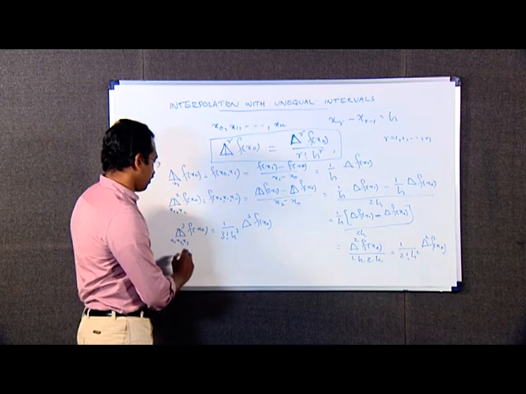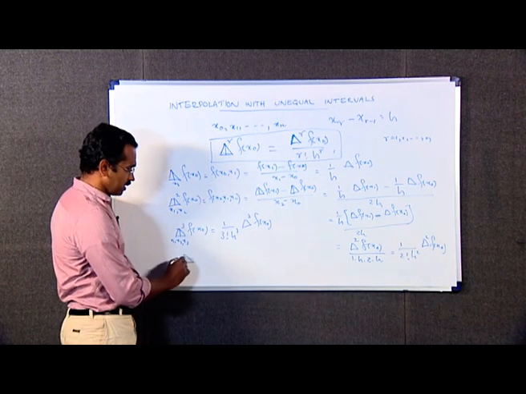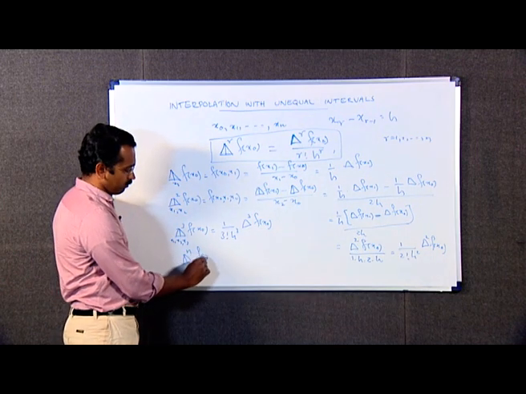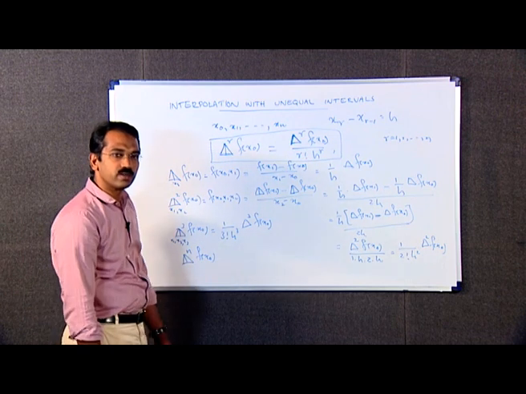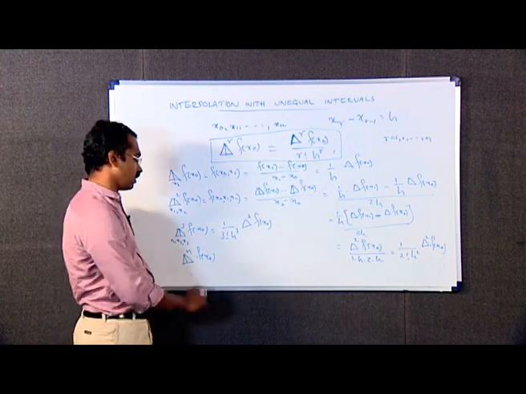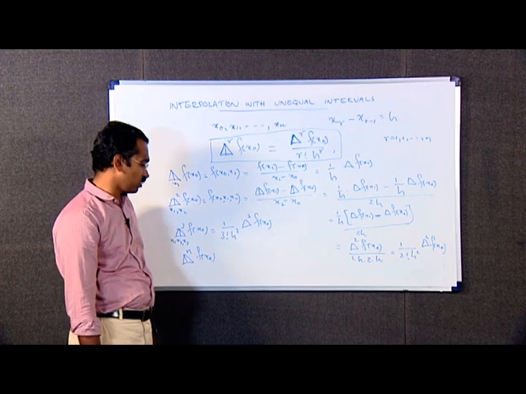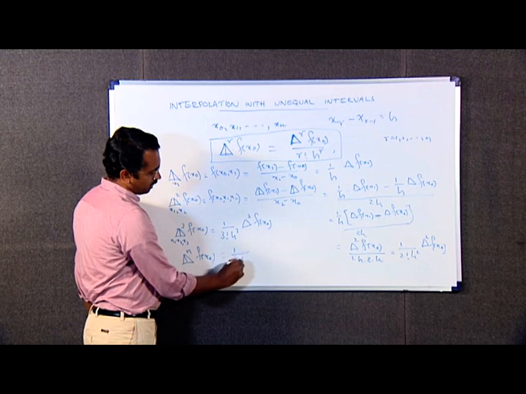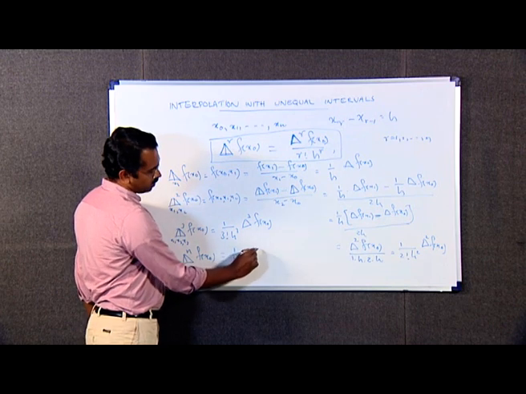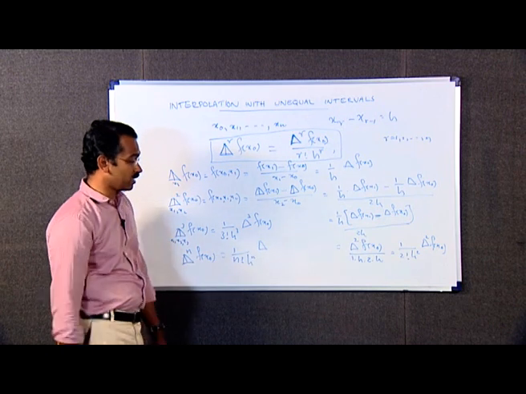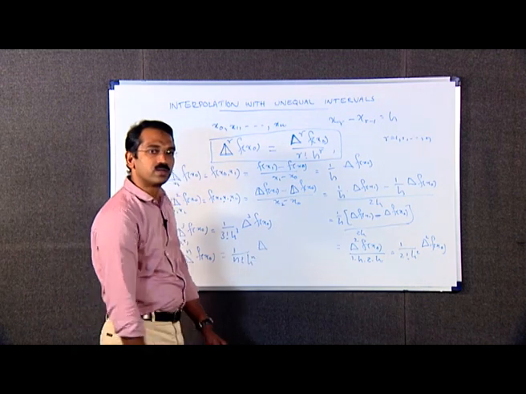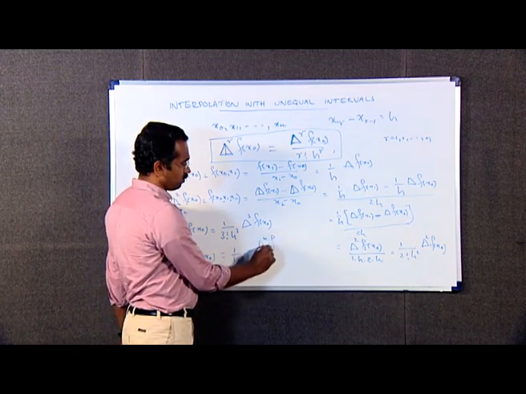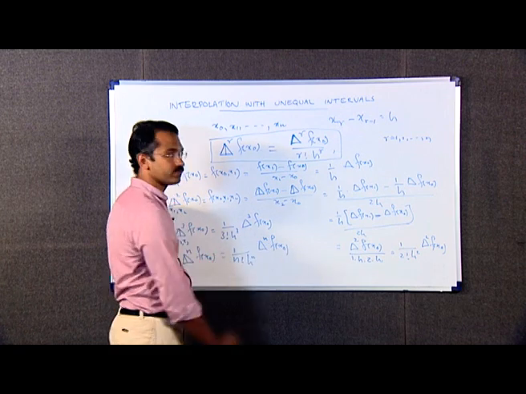In general, we can show that divided delta raised to n f of x0, that is the nth order divided difference between the arguments x0, x1, etc., up to xn, is equal to 1 by n factorial into h raised to n into the nth order forward difference, that is delta raised to n f of x0.